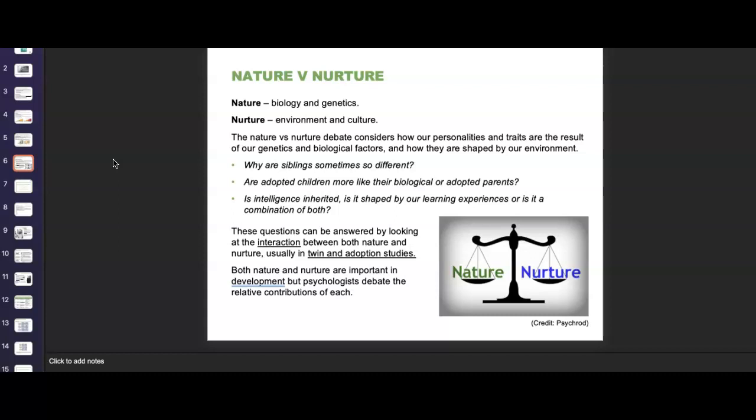It's important that we look at the interaction between both nature and nurture. Both are important in development, but psychologists debate the relative contributions of each all the time. You don't need to use intelligence as your example for question 1. You could do things more physical, like athletic abilities. You could do things like your dietary habits, what you eat.